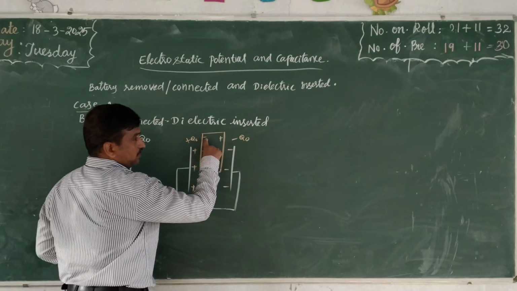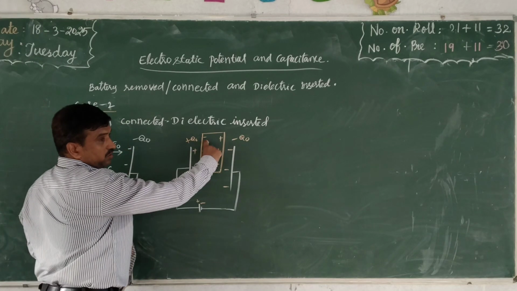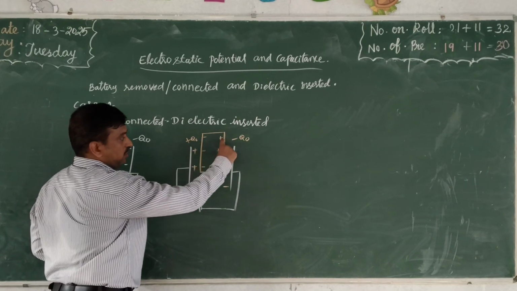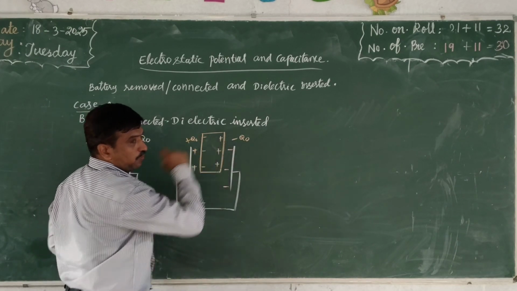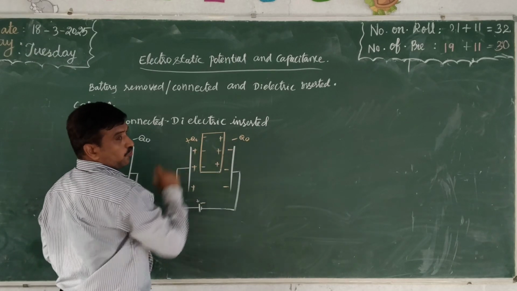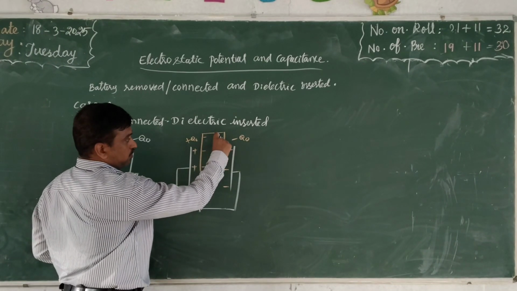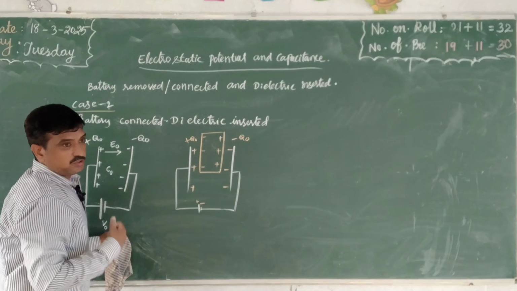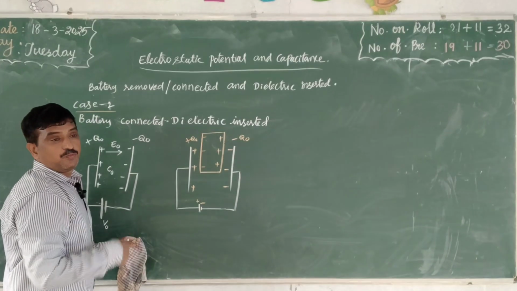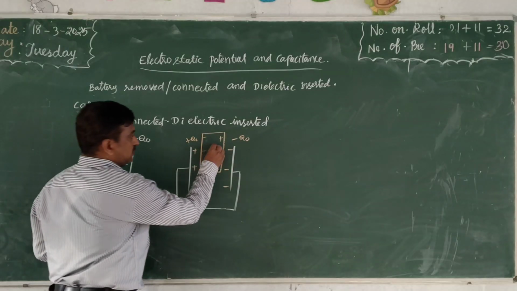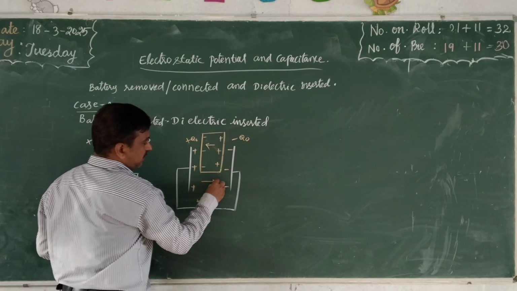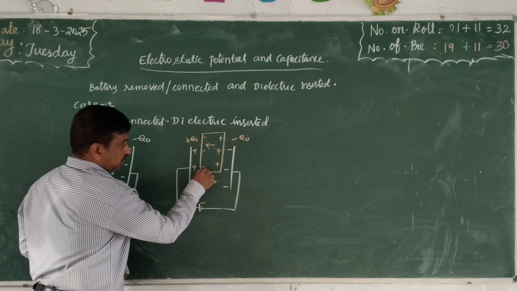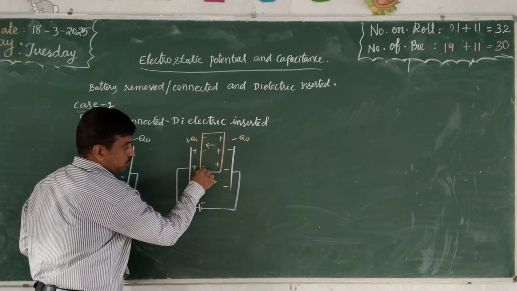Now here it is induced charge qi: q plus qi, plus qi and minus qi, the induced charge. Because of this an electric field is developed. This is the direction of the electric field. Here, due to the negative charge, the positive charge is pulled downwards.